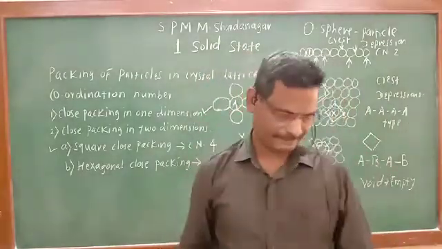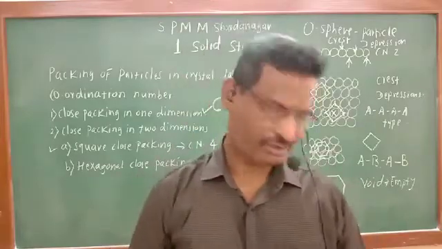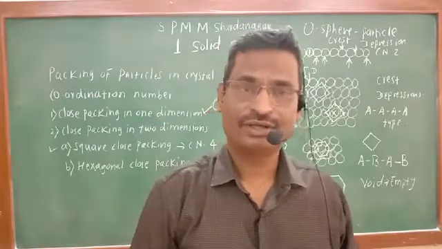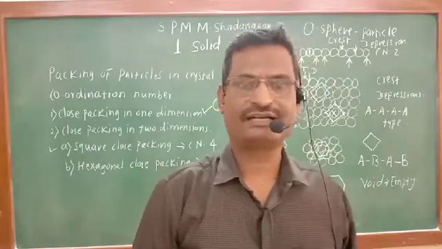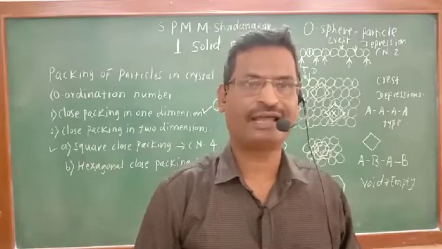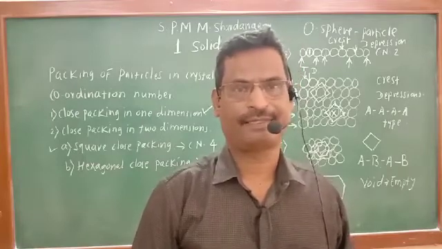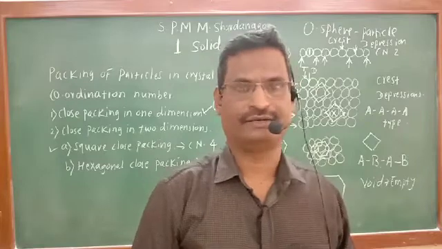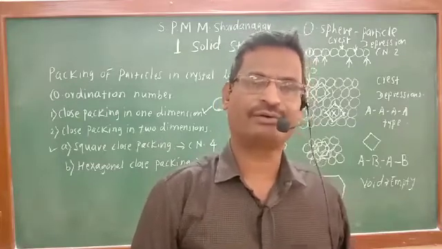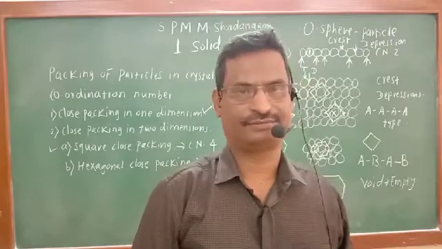In the last lecture, you have seen the crystal systems. You have seen that the scientist Bravais showed 14 different types of arrangements of unit cell, and those 14 types of arrangements are classified into 7 categories.